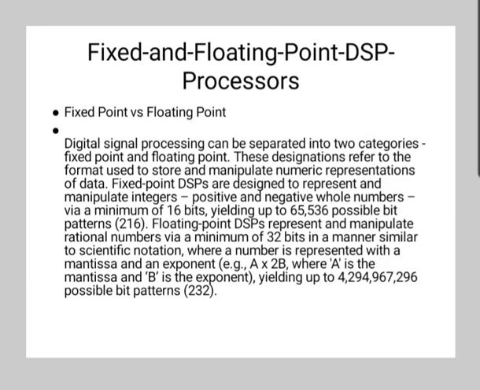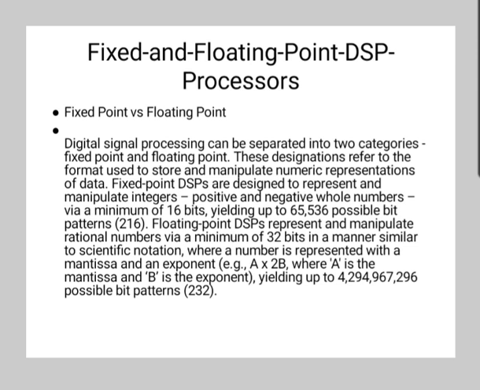So next is fixed and floating point DSP processors. First we will see fixed versus floating point. Digital signal processing can be separated into two categories, fixed and floating point. These designations refer to the format used to store and manipulate a numeric representation of the data.